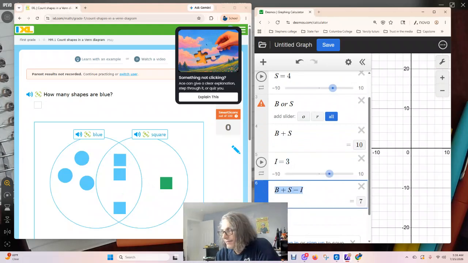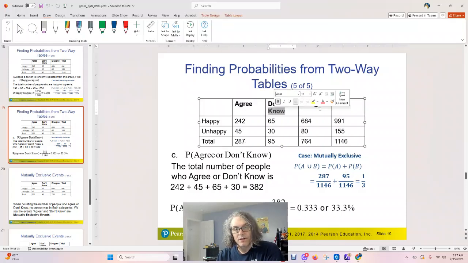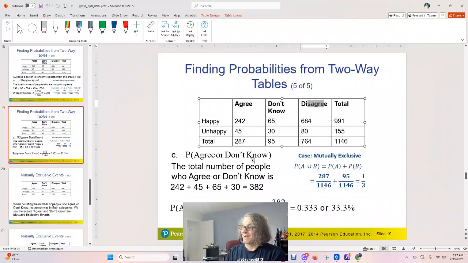And we have, again, our union rule for non-mutually exclusive situations. So let me bring up what we're looking at here. See this one, agree and don't agree. Remember, you can only choose agree, don't know, or disagree. So you can't choose agree and don't know at the same time, right?